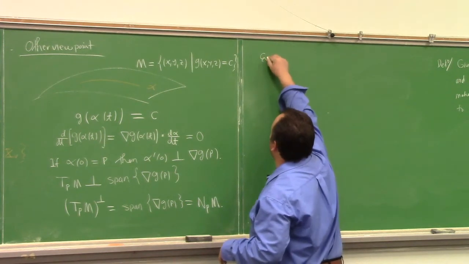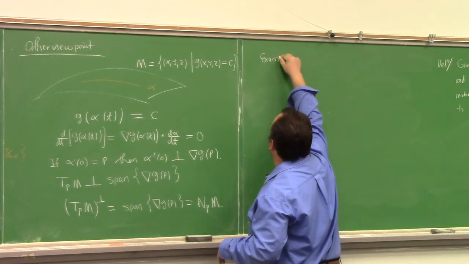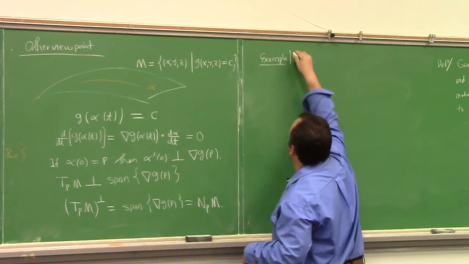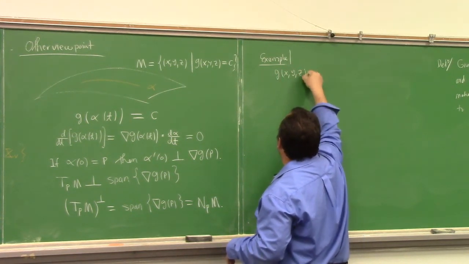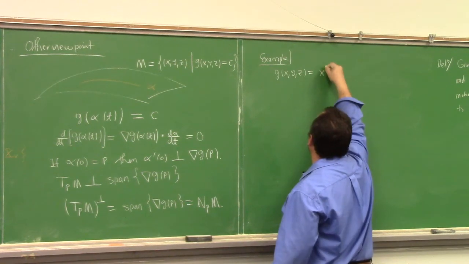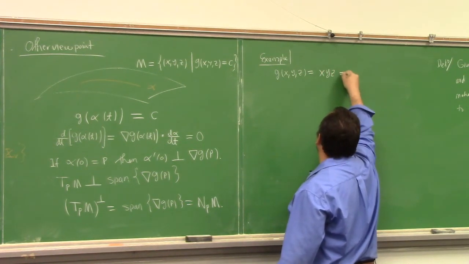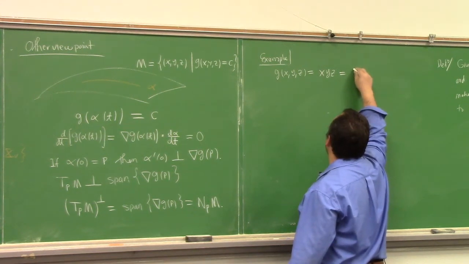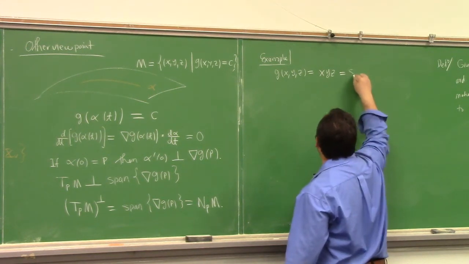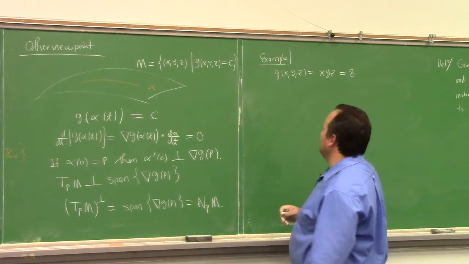So let's see here. For example, just try to bring it back down to earth here for a second. Suppose we had g of x, y, z equal to xyz equal to 8.